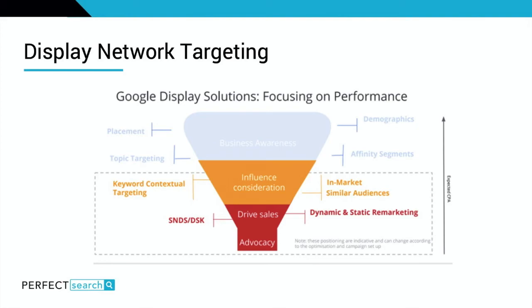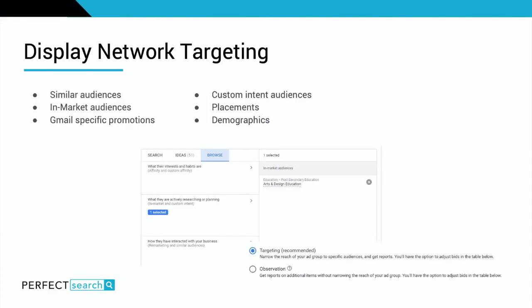And sometimes you have to navigate the waters, and prospecting on display can sometimes not yield direct results. But the important part of it is you're fueling that bottom part of the funnel, and you're really helping build a customer journey.